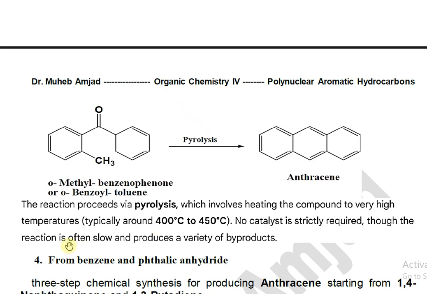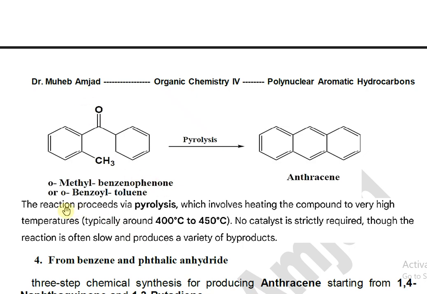The reaction often produces a variety of byproducts. It is a special industrial method. It gives us anthracene from ortho-methyl benzophenone, and this process at high temperature is called pyrolysis.